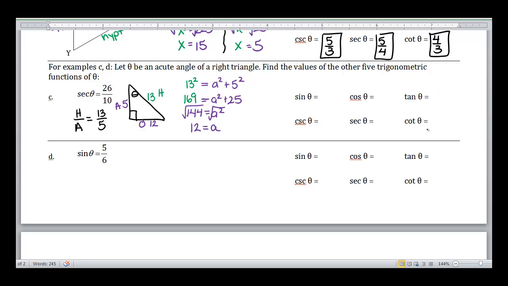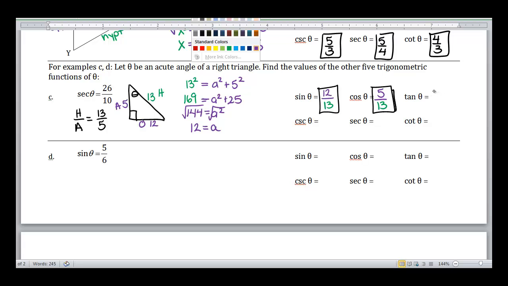Opposite over hypotenuse is sine, so I need to do 12 over hypotenuse of 13. For cosine, it's the adjacent side of 5 over the hypotenuse of 13. For tangent, it's the opposite over the adjacent.